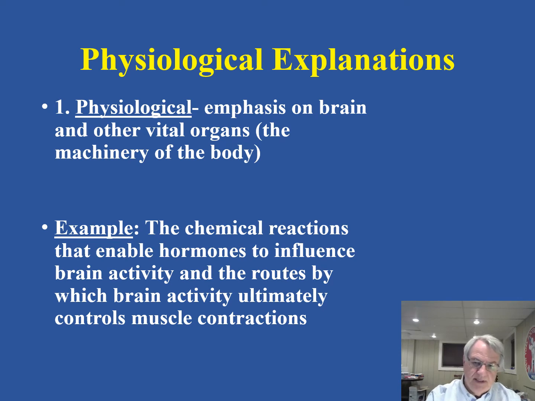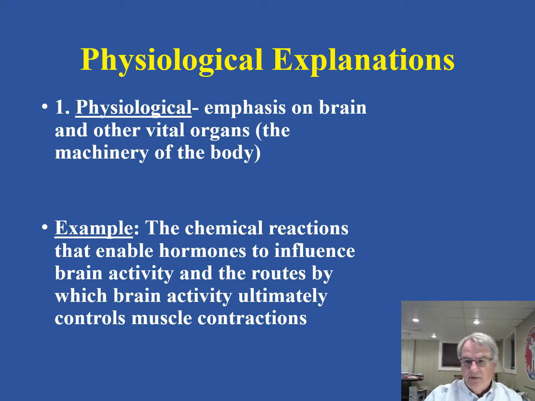So first of all, our physiological explanation. Essentially what we're saying here is that from this level of analysis, the behavioral neuroscientist is emphasizing the brain itself as the primary driving force of the machinery of the body.